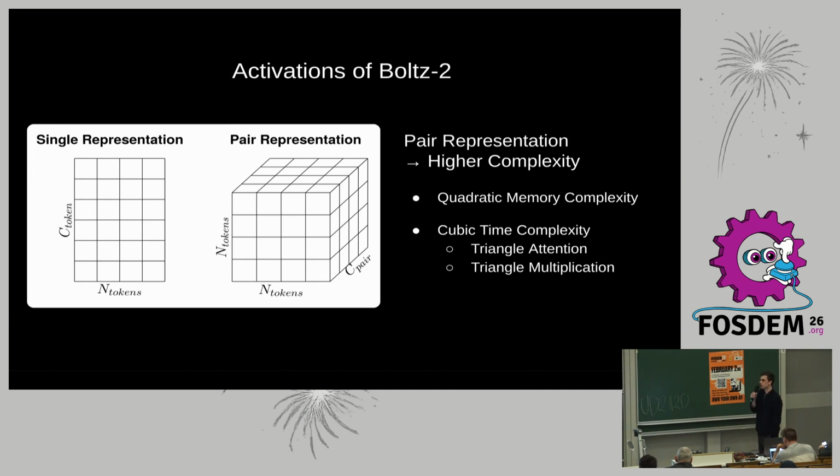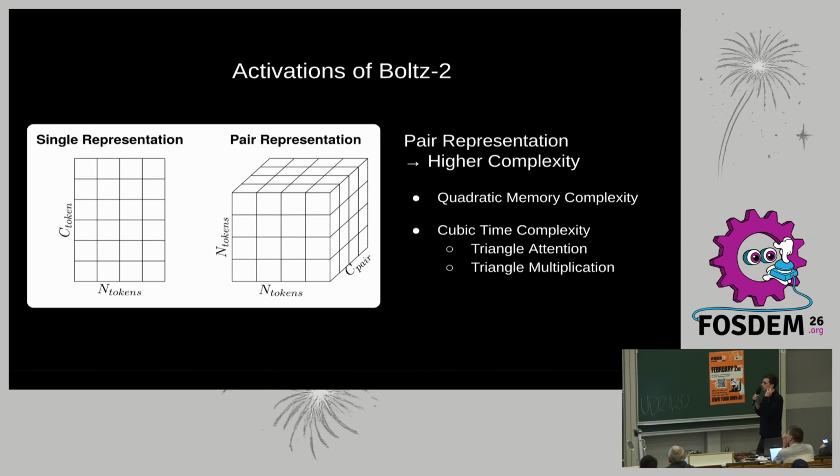Another interesting thing about the Boltz-2 model are the activations. We have a single representation. This is a usual representation, for example, in transformers. In transformers, we have a sequence of tokens, and therefore a sequence of embeddings, and therefore this matrix on the left. But additionally, in the Boltz-2 model, we have a pair representation, and this pair representation has an additional dimension, which is as large as the sequence length. This is the root cause for the increased complexity.